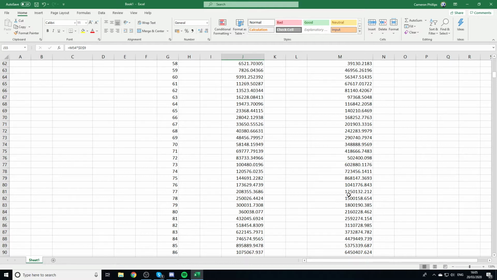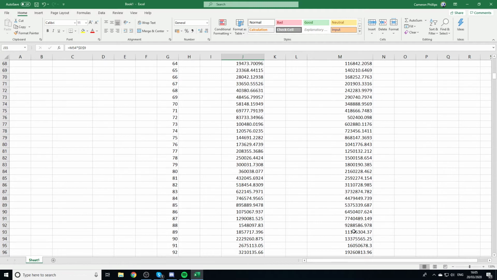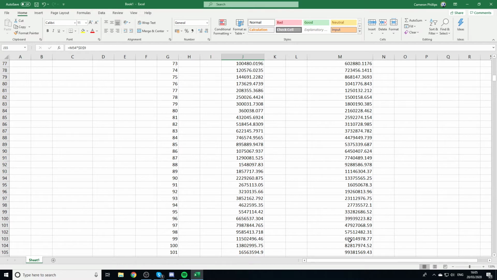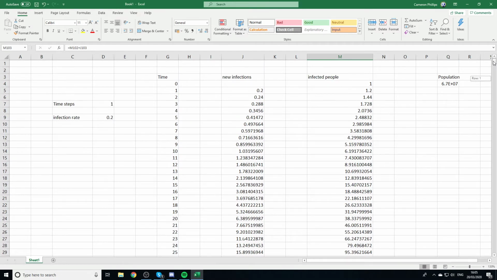Sorry, is that 12 million? I can't quite see because of my eyesight. 1.2 million. 6 million. 19 million. Here we go. 69 million. Day 103. Everyone has got the coronavirus in the nation of 67 million people with an infection rate of 0.2. So you can see how incredibly quickly this is going to spread.